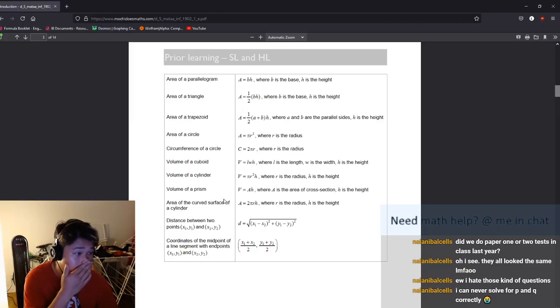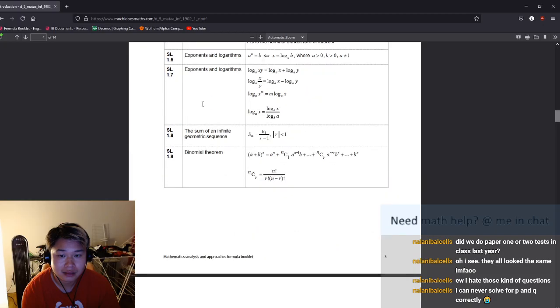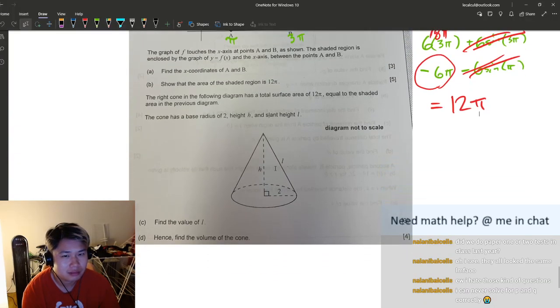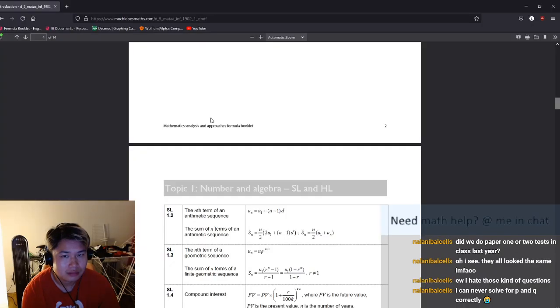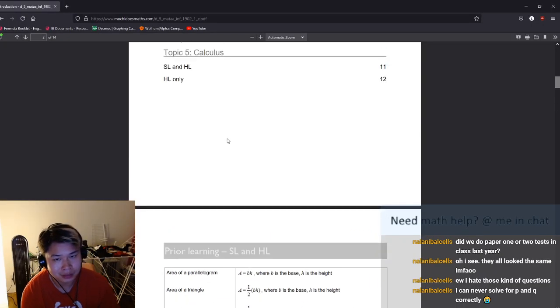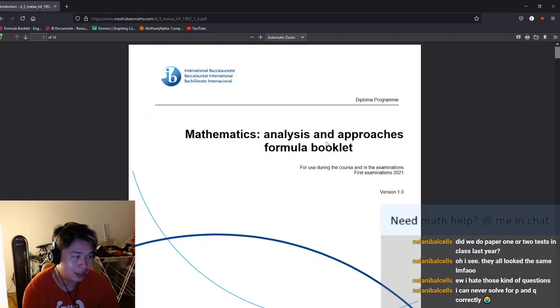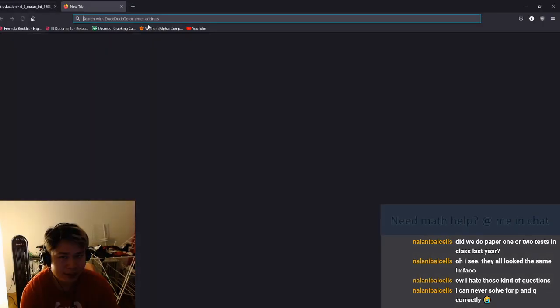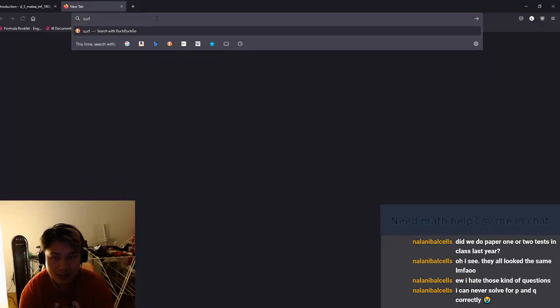I think they updated it to have more shapes because it's not on here. I'm going to assume they're going to give you the surface area of a cone, because this is the first version, and I'm fairly sure they added more stuff. So let's see, surface area of a cone.